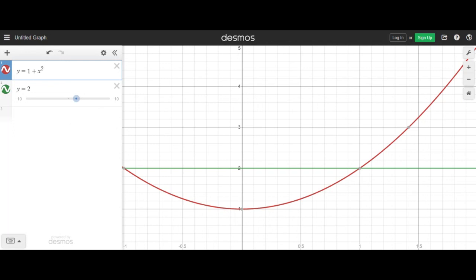Average value of a function has a lot of applications. For instance, as I had mentioned, if you have a function that models temperature throughout the day, you can determine the average temperature.